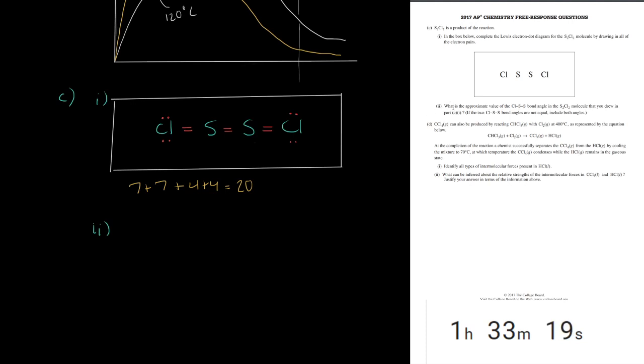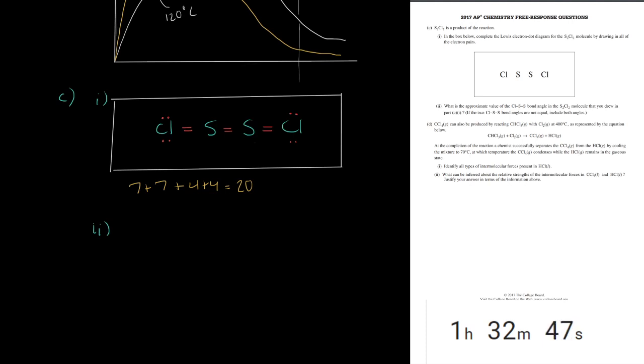Now it says, what is the appropriate value of the ClSS bond angle that you drew? If the two are not equal, include both. Okay. Interesting. So the ClSS in this diagram, this is always what is terrible.